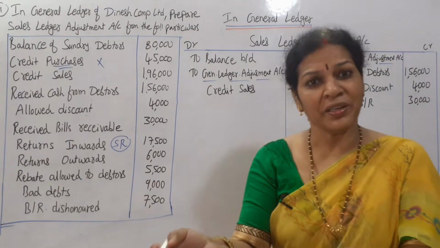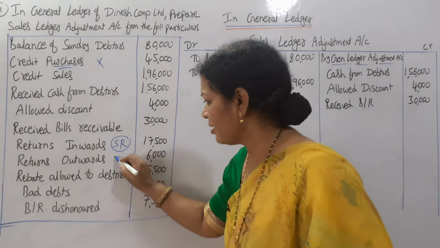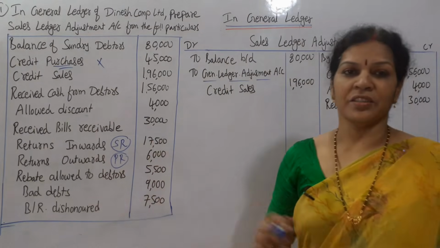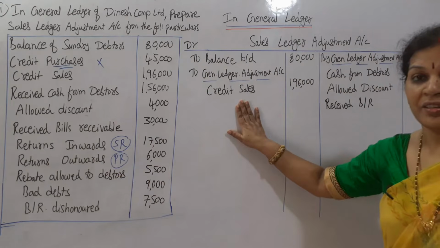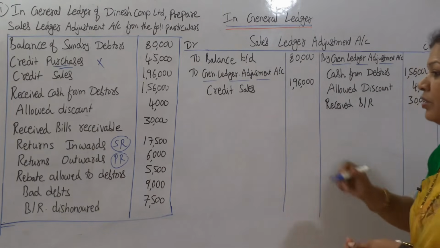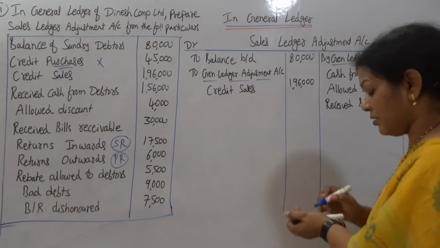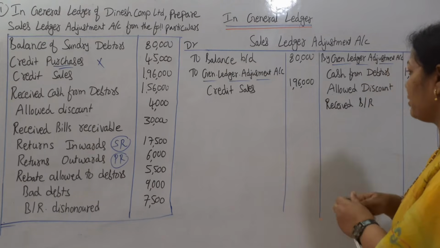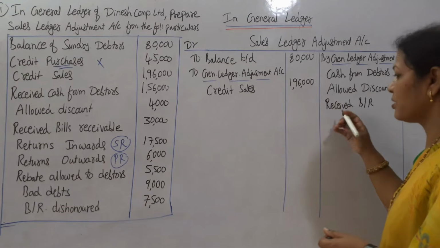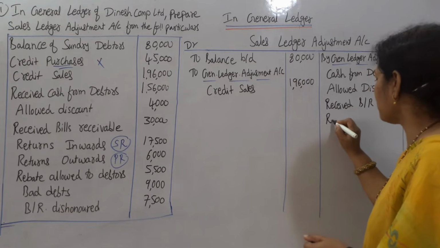Already purchased, so we are returning it. So this is purchase returns. Now sales returns. Sales are credit sales, debit side. Returns, credit side. So returns inwards, I am writing on the credit side because sales are debit, return inwards credit. So returns inwards.